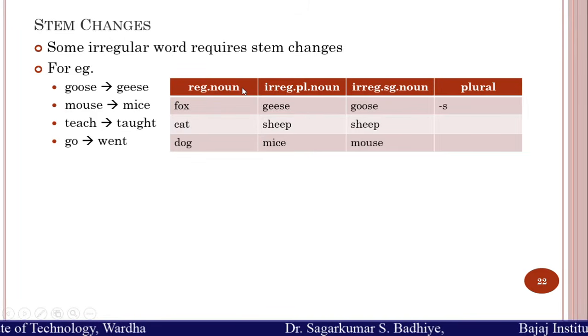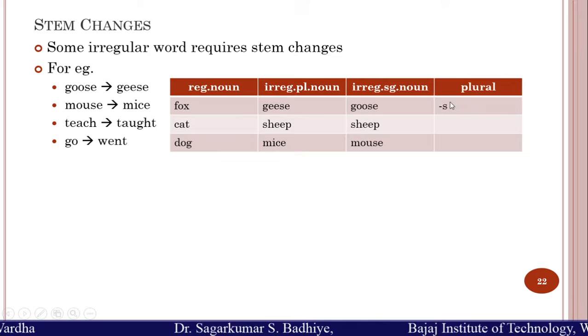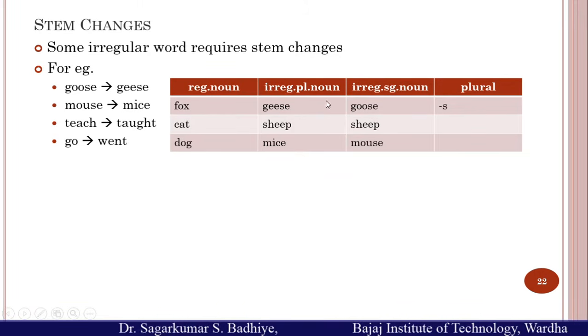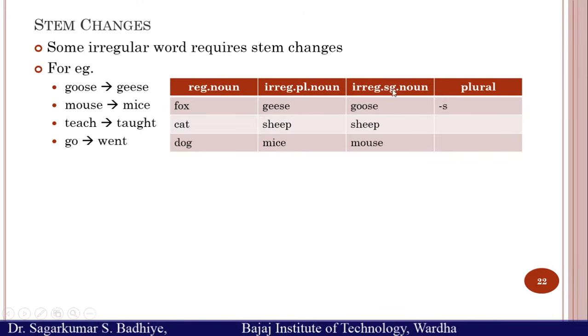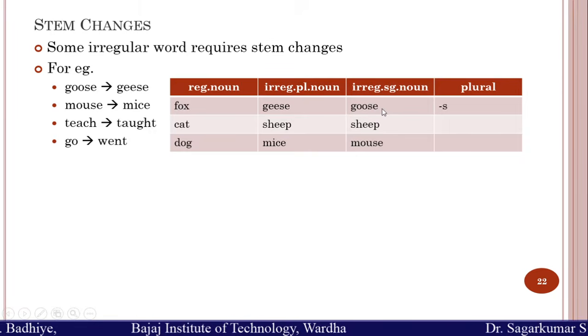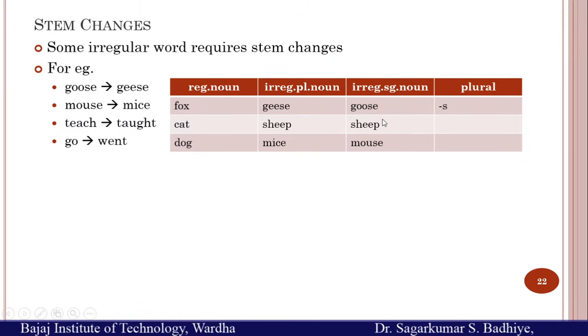So there are certain regular nouns wherein there is no change, like fox, cat, dogs. In simple cases we add s or es. Then irregular plural nouns are there, which change the spelling of the word, like geese in plural becomes goose in singular. Sheep is the word that is the same in singular and plural, and mice and mouse.